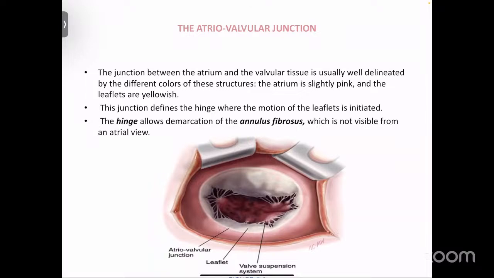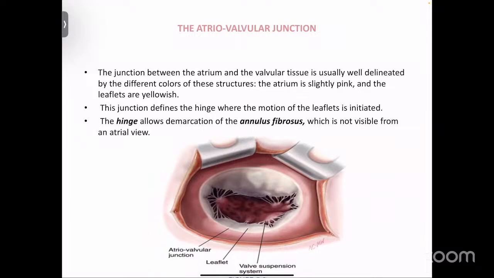This hinge allows the demarcation of the annulus, and the part of the annulus fibrosus where the leaflet is attached is located deeper and 2 millimeters external to this hinge.